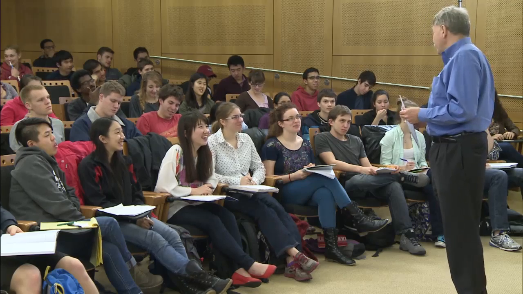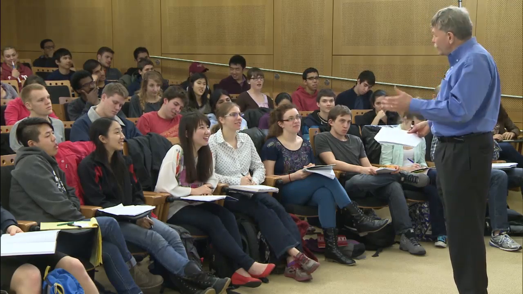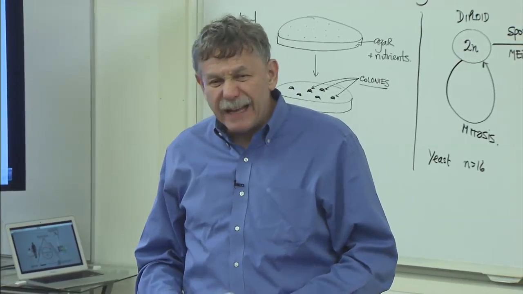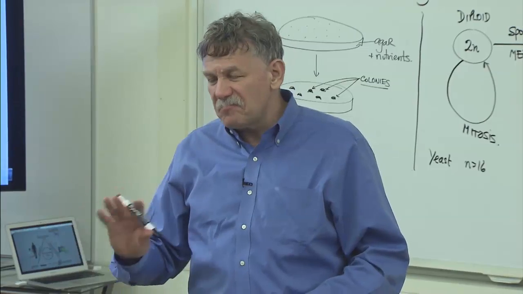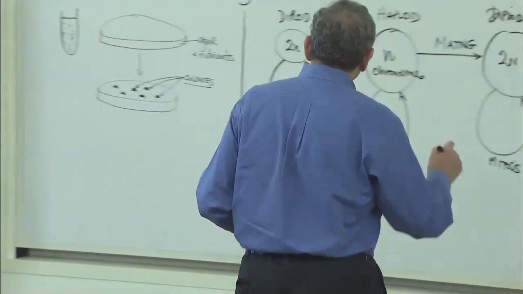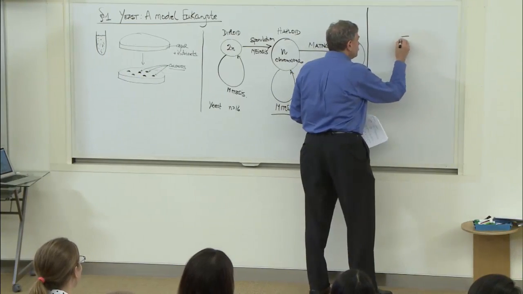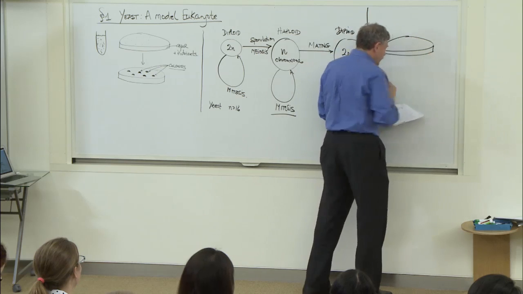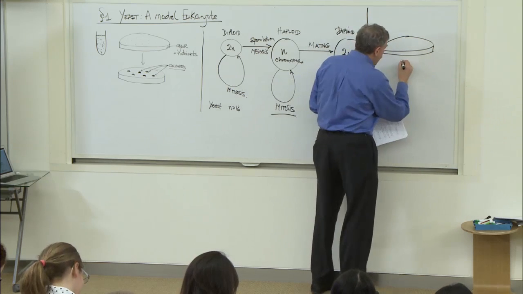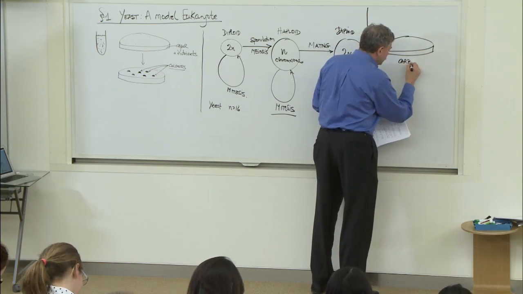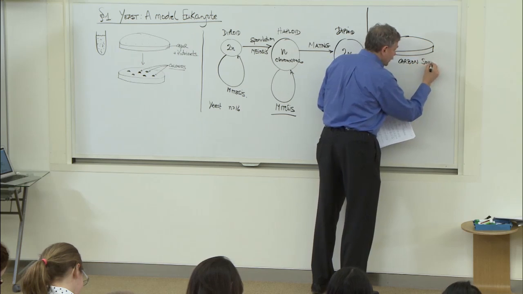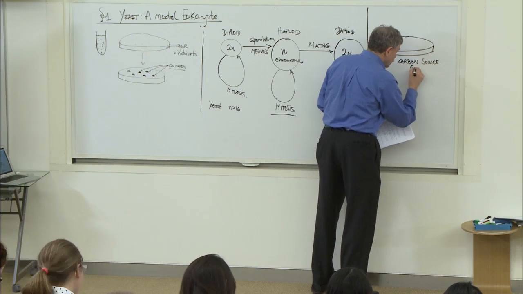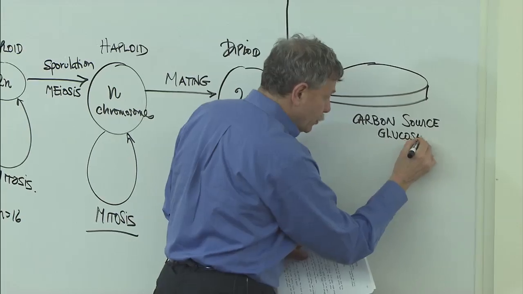But, for example, you need to have amino acids, all sorts of nutrients, things like that. Yeast can fend for itself. If I give yeast a Petri plate that has simply some carbon source, let's say glucose. Yeast is fond of glucose, although it could deal with other sugars too.